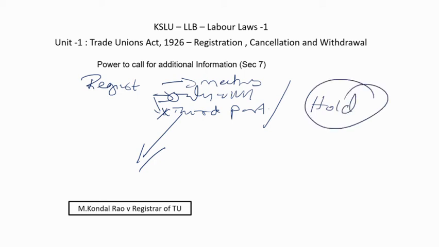So the two points in section 7: one, the registrar can request additional information, and till the required information comes to him, he can put it on hold. And two, the registrar can ask for additional information only from the members, not from a third party.